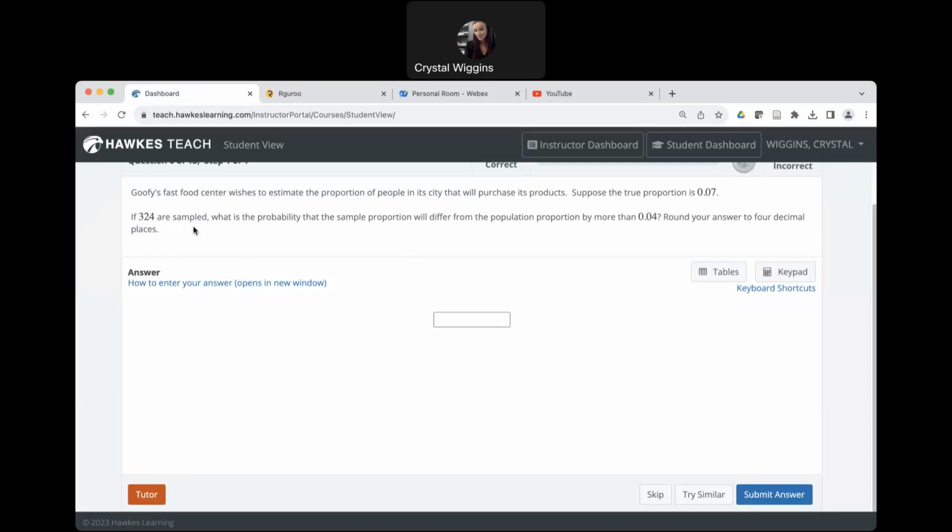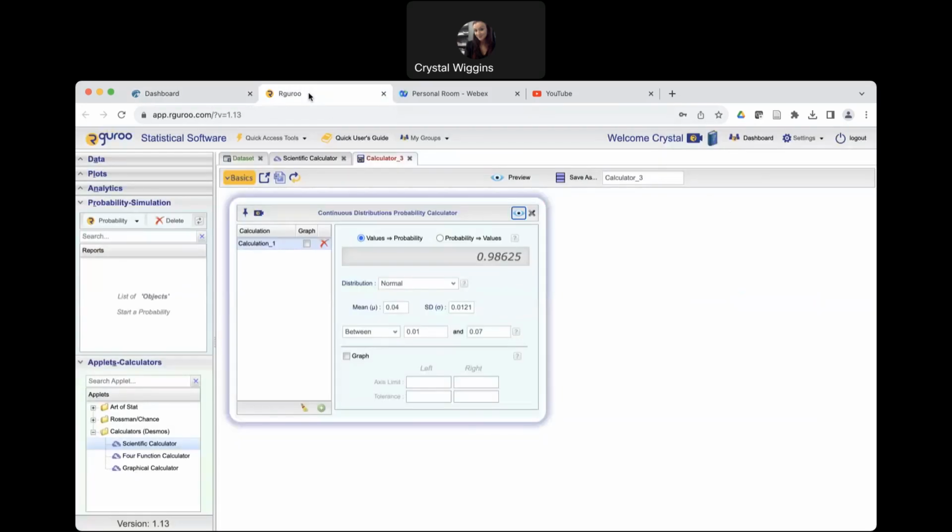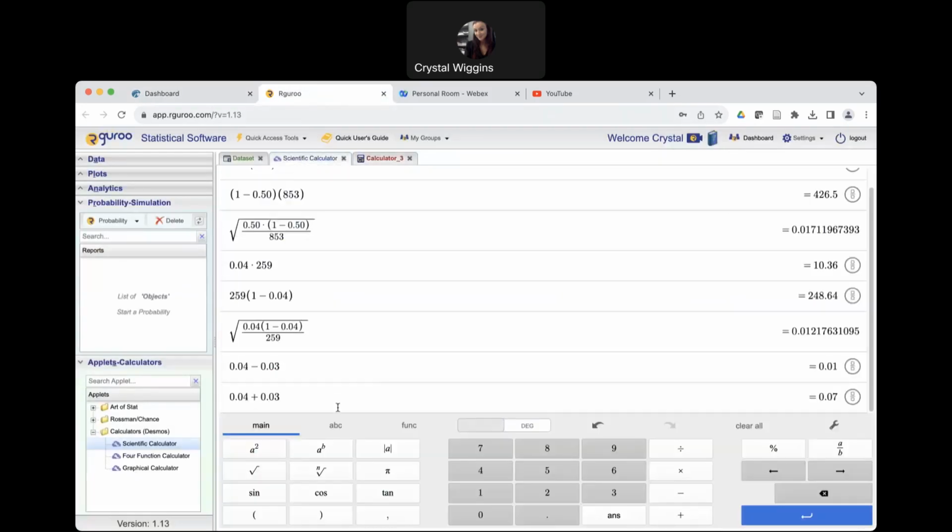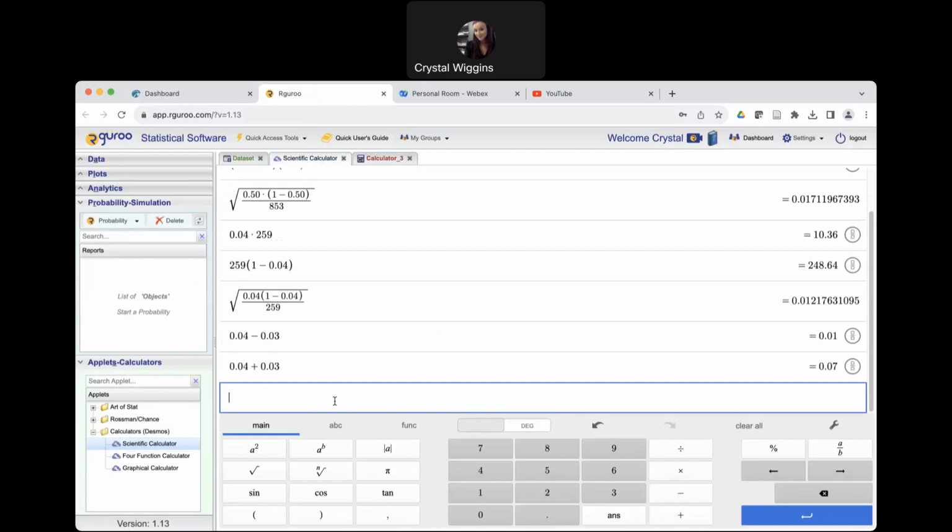We need our sample size of 324, and we're going to use this so that we can make sure that our central limit theorem criteria has passed so that everything we do from there on out is valid and accurate. So coming over here to my calculator, I am going to use the criteria of the central limit theorem by multiplying my sample size of 324 by the population proportion of 0.07.